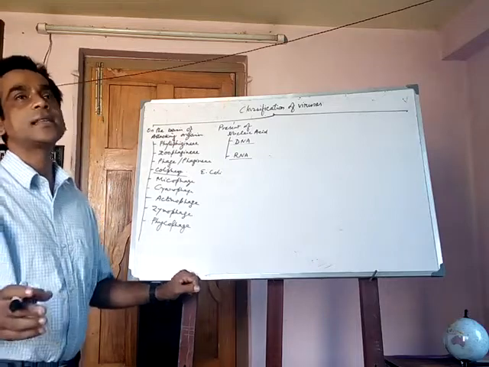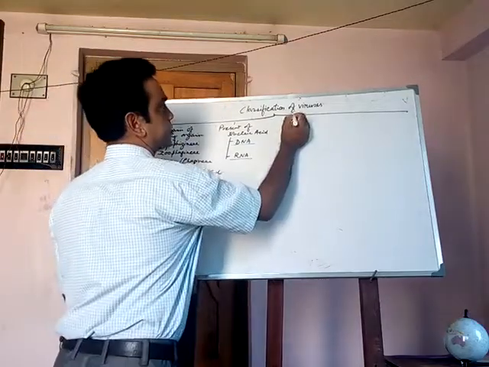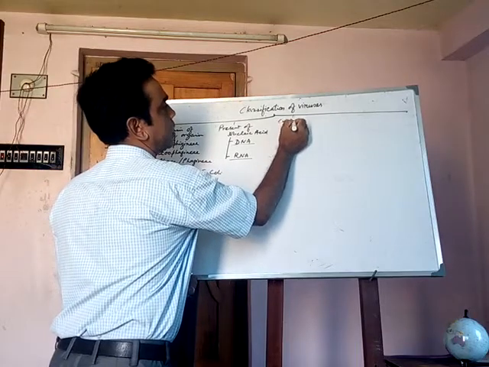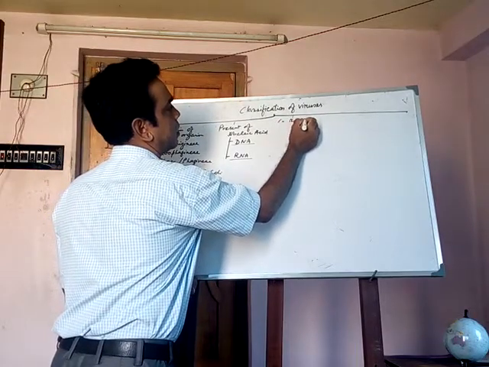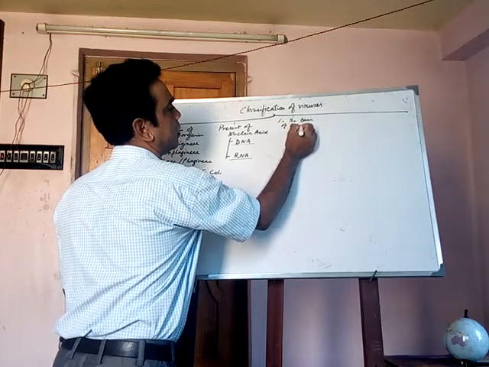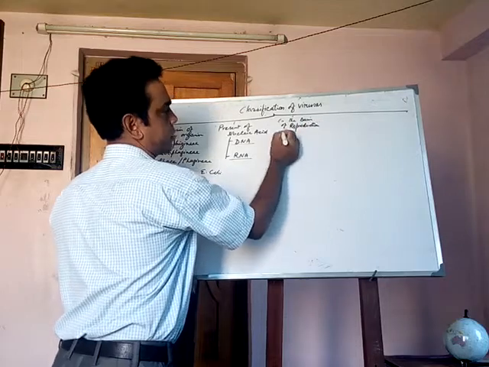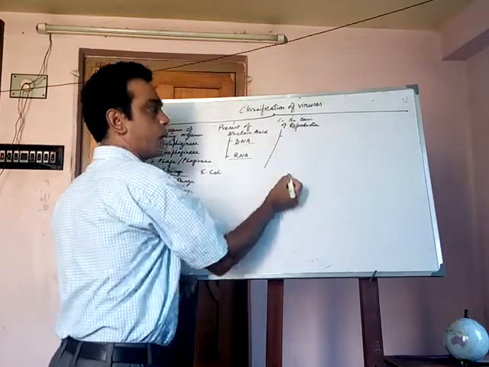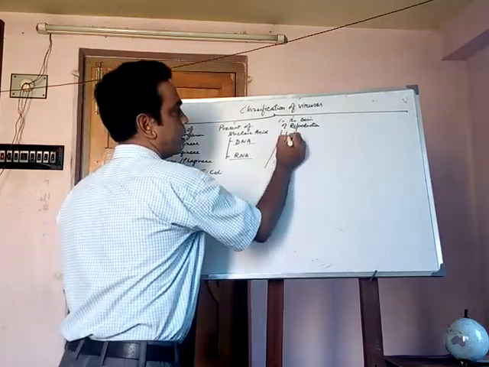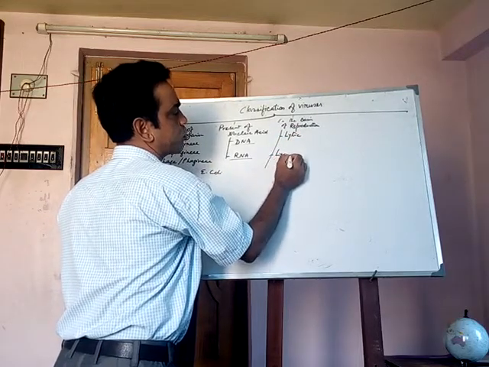Next, there are separate classes according to reproduction. There are two types: lytic virus and lysogenic virus.